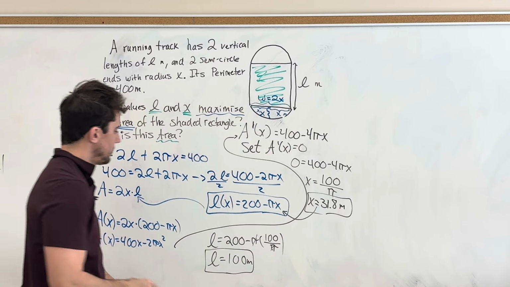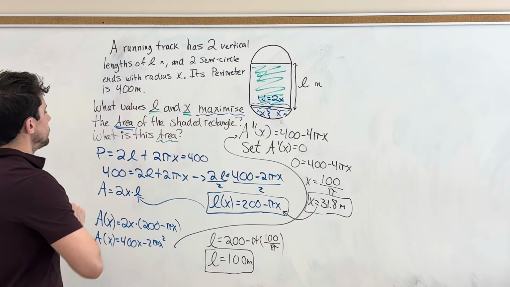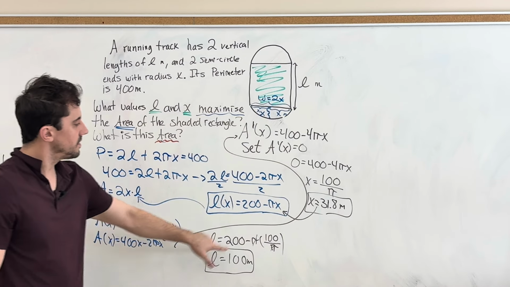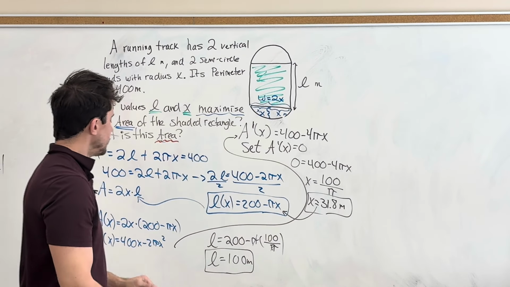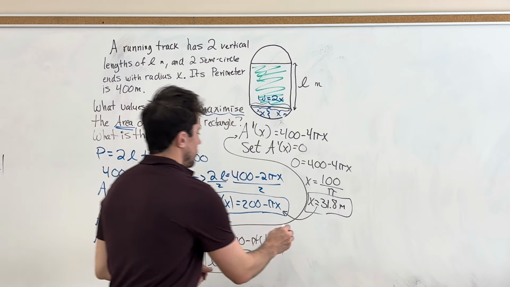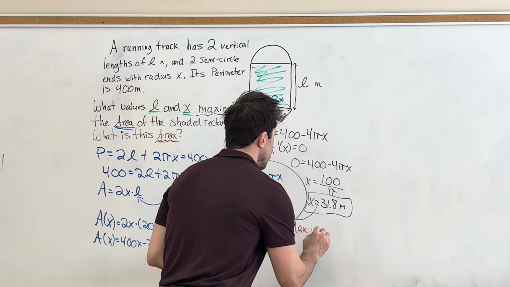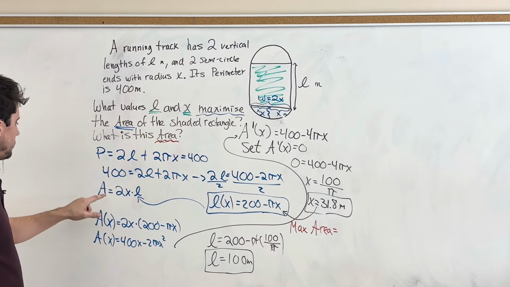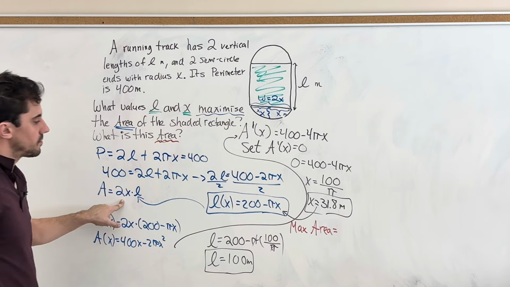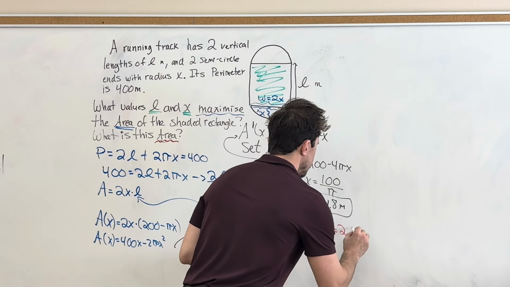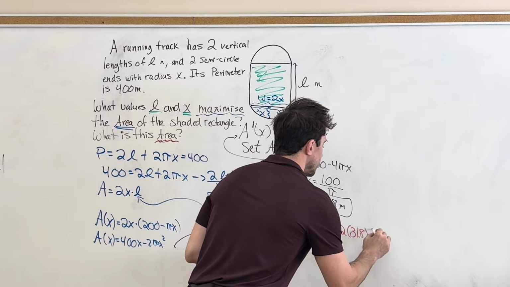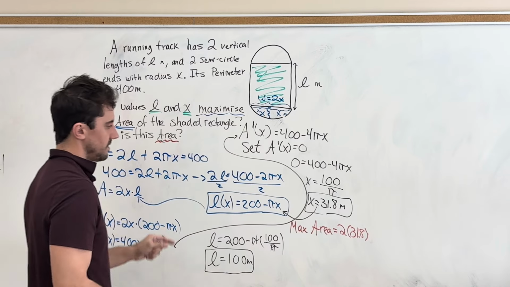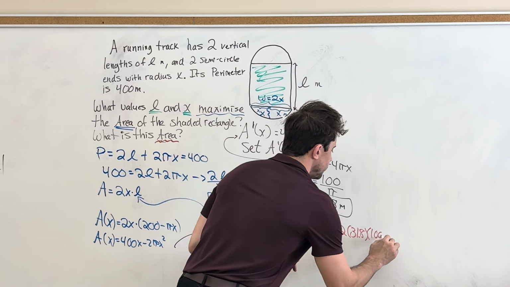And so that means that we are ready to compute this maximum area. We have the value of L that maximizes. We have the value of x that maximizes the area. What is that maximum area? Our max area will be, that was 2x times L, right? And so we're going to have roughly 2 times 31.8. That's not a plus, that's a times, right? 2x times L times 100.